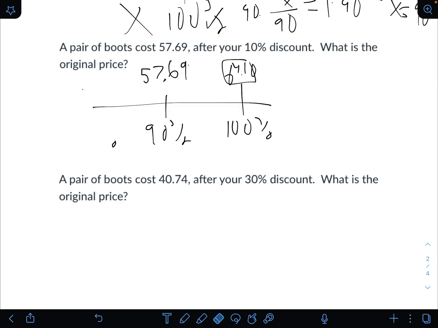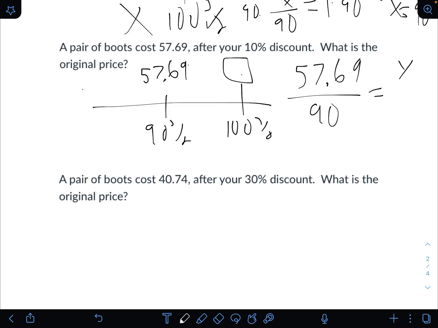Because it's the exact same thing as before. We have 57.69 over 90 is something over 100. Oh, well, we just get that X alone. So to do that, we got to times by 100 and times by 100.